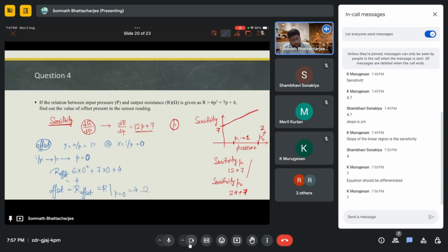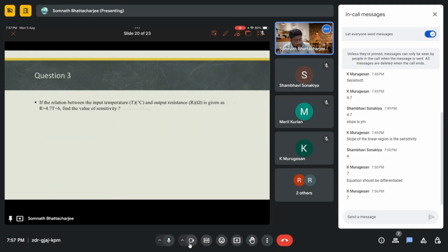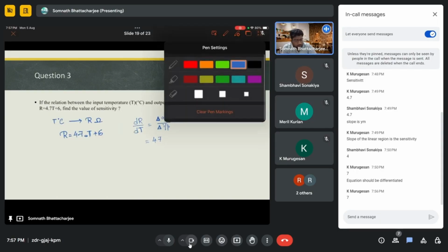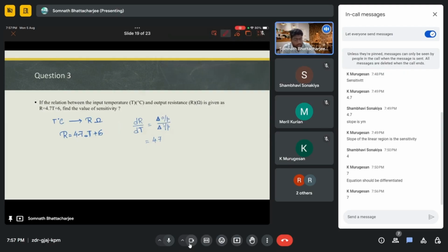In the previous case as well, what we have done was a bit wrong, because we have to always put the units in this case. So what will be the unit of this? Sorry, I missed it. What will be the unit in this case?